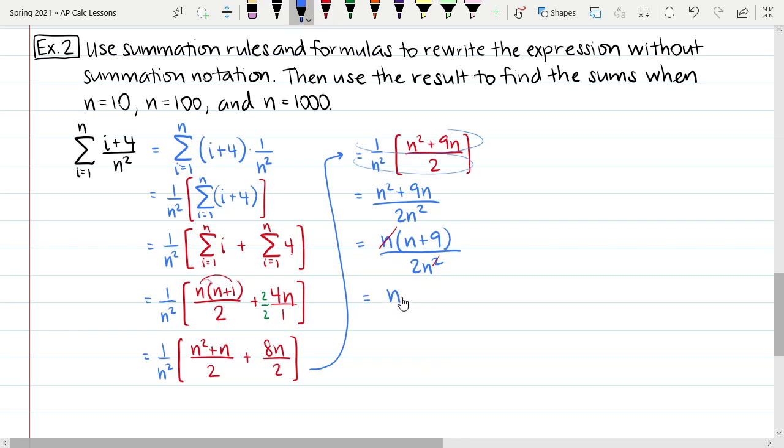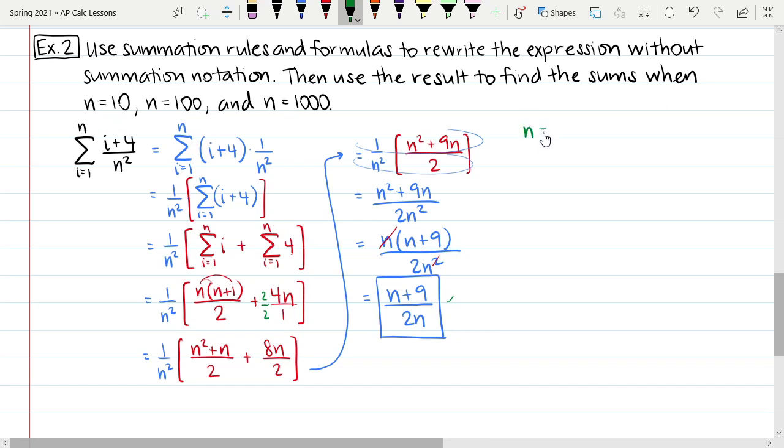And finally, we just get n plus 9 over 2n. And that is our expression without summation notation. So whatever value of n we have as our upper bound, that's what's going to replace the n's in this expression. So remember the direction said we're going to use this result to find the sums when n equals 10, when n equals 100, and when n equals 1000.